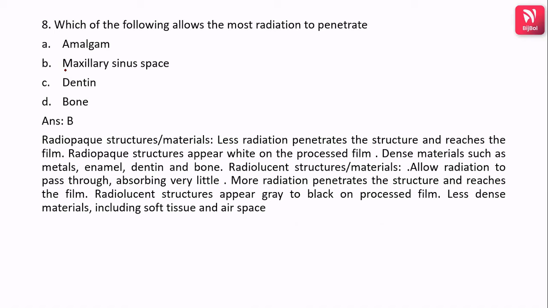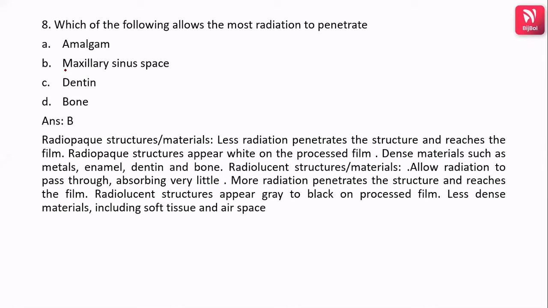Which of the following allows the most radiation to penetrate? Amalgam, maxillary sinus space, dentin, or bone? So basically, we know that if the material is dense, such as amalgam, dentin, bone, or enamel, you have a radio opaque structure in the appearance of a radiographic image.